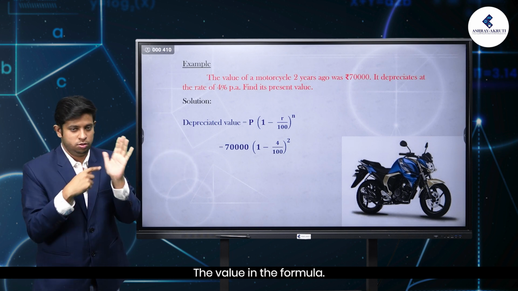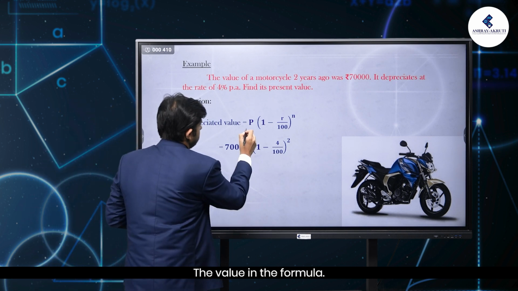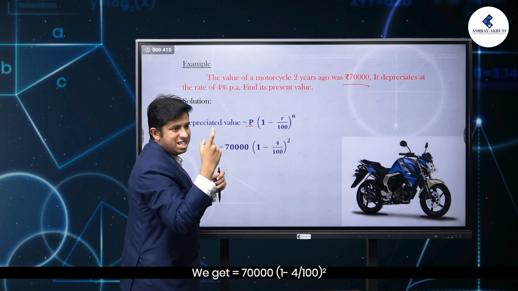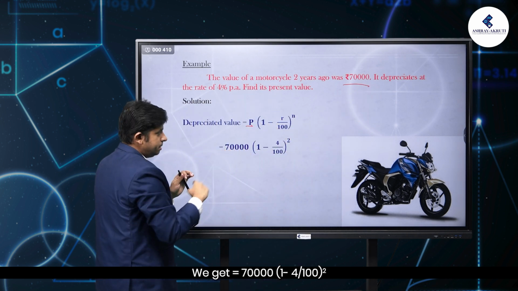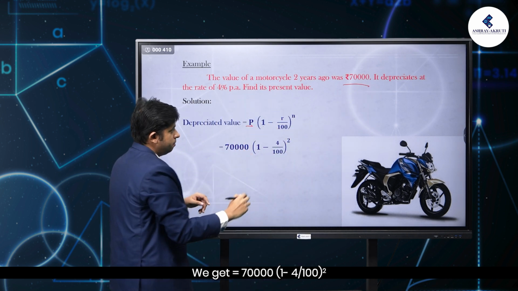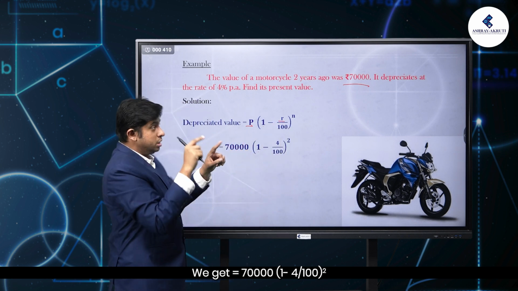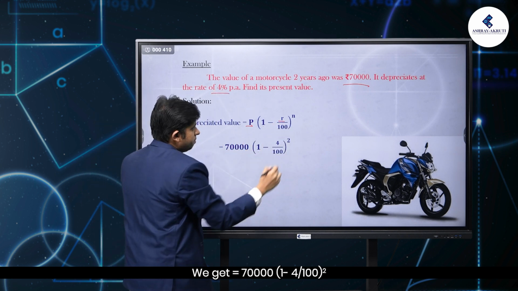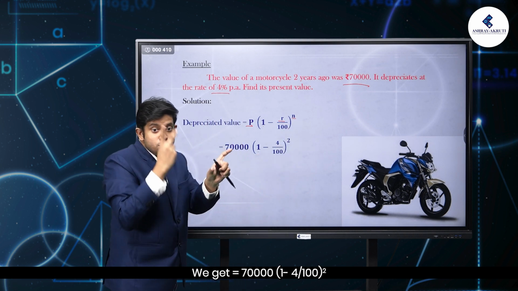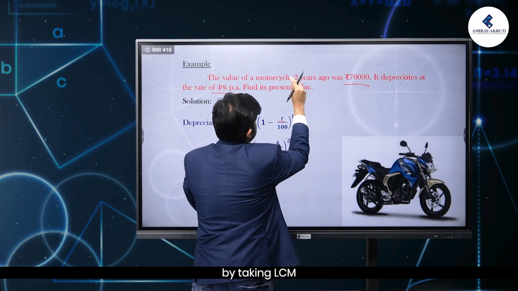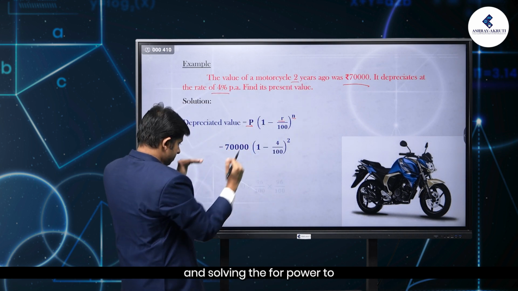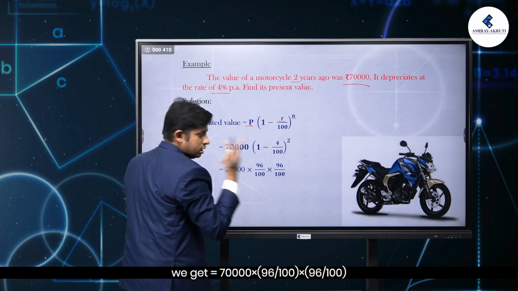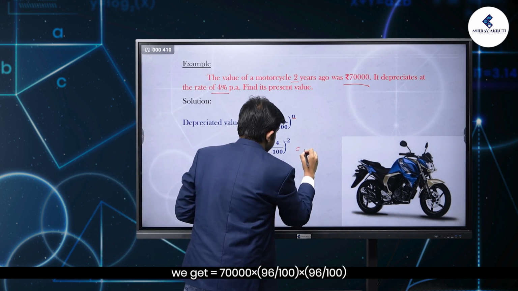Now substitute the values in the formula. We get 70,000 into 1 minus 4 by 100 whole power 2. By taking LCM and solving for power 2, we get 70,000 into 96 by 100 into 96 by 100.